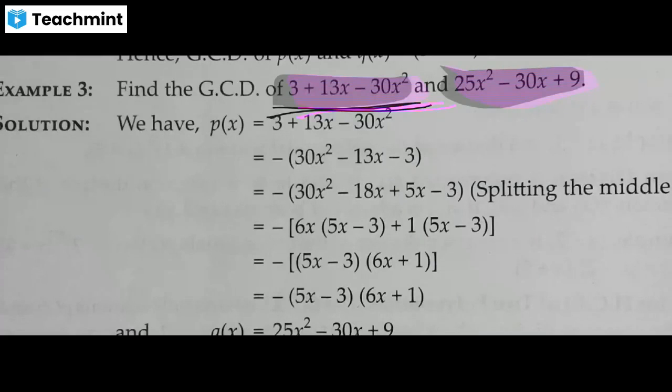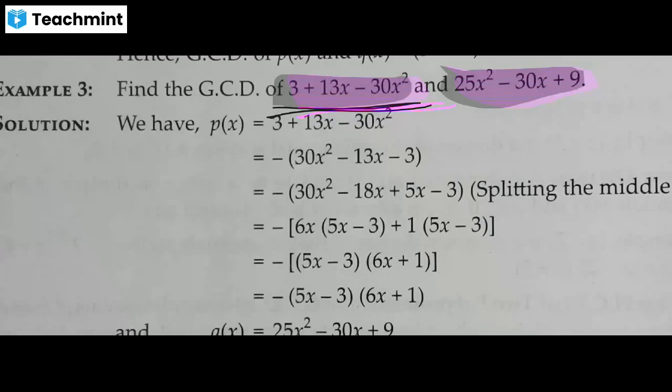Just remember how we have to find GCD. You remember that GCD is, after factorization, the factor which is common in both, common factors. So what knowledge is required here? Factorization. These given two polynomials must first of all be factorized.